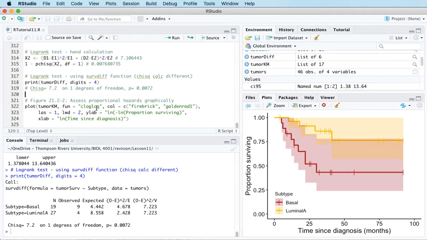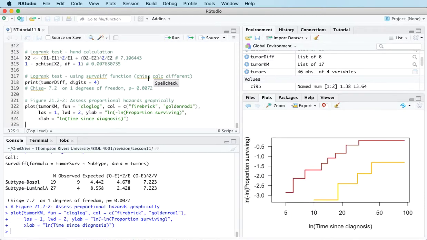So this log rank test does rely on some assumptions, one of which is what's known as the proportional hazards assumption. And to assess that, we can draw this graph here. In this graph, we want the red curve and the yellow curve to be roughly parallel, which they are in this case.